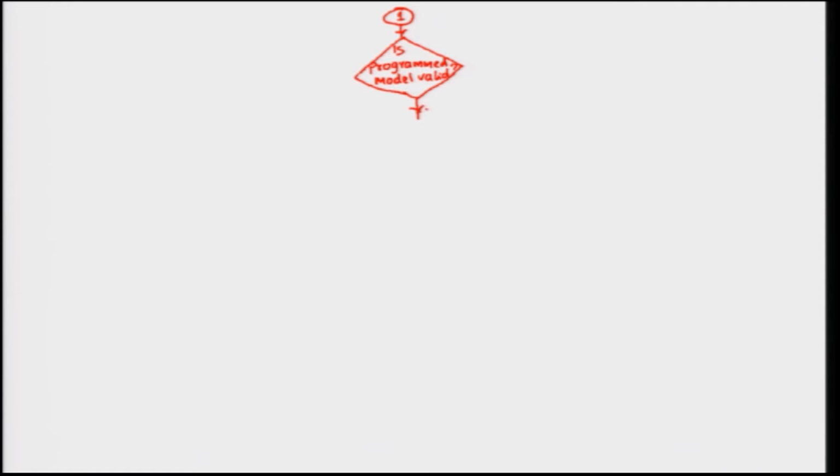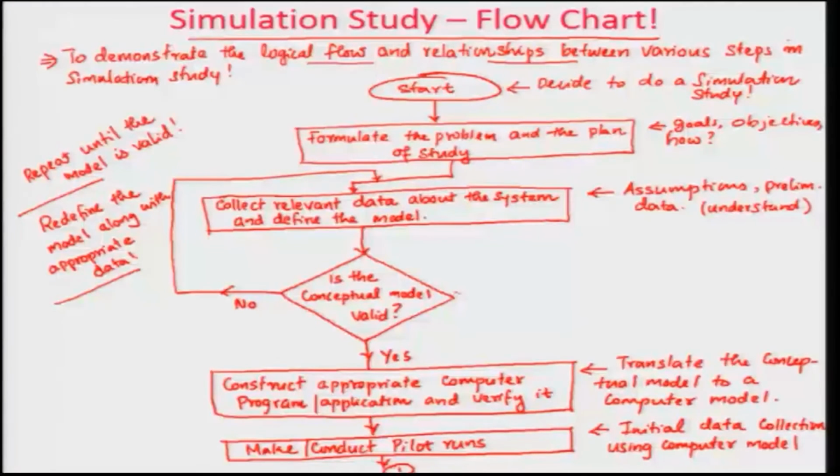Two things you can do, that is yes and no, okay. If it is no, then we put another connector, and that connector goes back to, so here is our 2, okay. It goes back to 2 places.